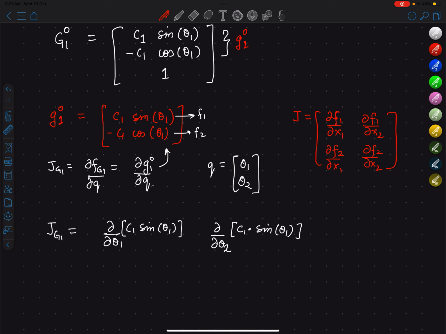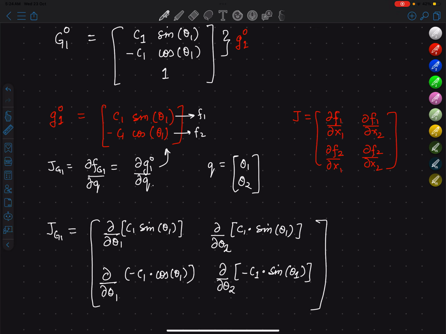So we are writing that. The first row is del by del theta 1 and del by del theta 2 of C1 sin theta 1, and the second row is del by del theta 1 and del by del theta 2 of minus C1 cos theta 1. If you solve this, the differentiation of sine is cos, so we get C1 cos theta 1, and this will be 0 because there is no theta 2 here, right?